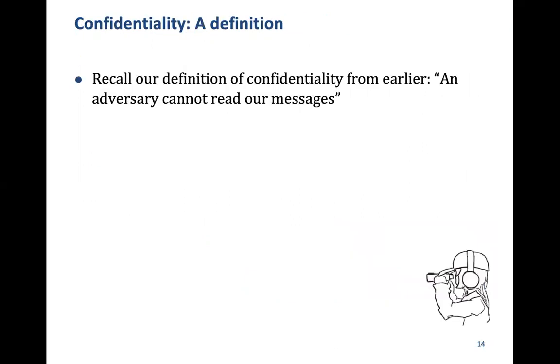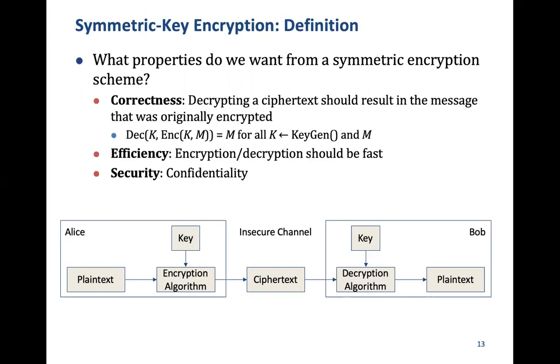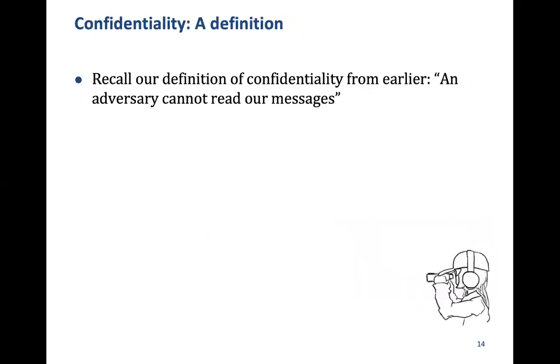Okay, so what did we say about confidentiality? Our earlier definition that we discussed in the last class is that an adversary cannot read our message. Now, this definition is not complete by itself, right?